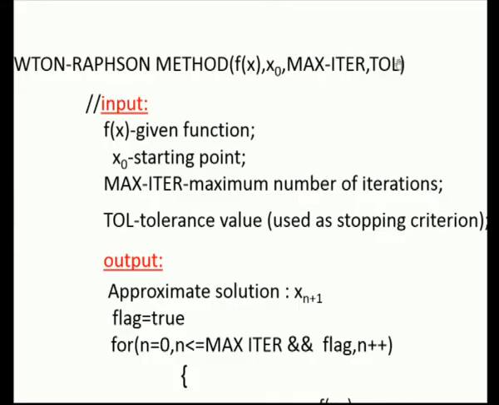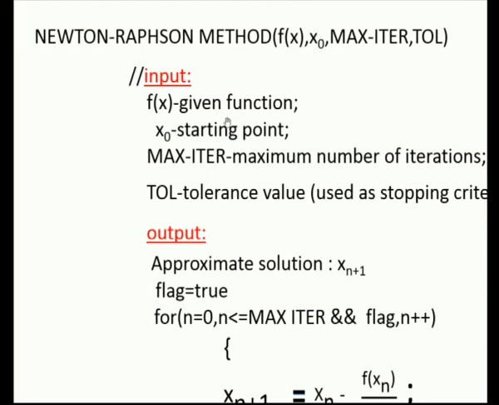There is another value called TOL, that stands for the tolerance value. You do not have to go for the maximum number of iterations. Sometimes if x n and x n plus 1 are very close, or if you get the same value, you can stop the program. For that stopping criterion TOL is used. So, the input is f, x naught, maximum iteration and tolerance value.